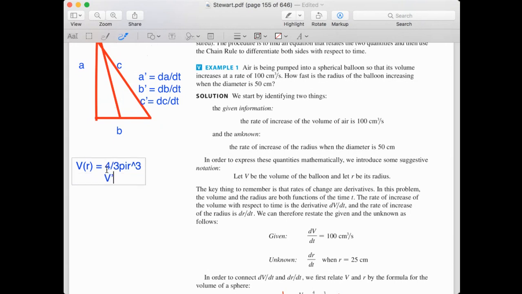So V prime of r equals 4 over 3 pi times 3 r squared, right? So that becomes just 4 pi r squared. Simplify the 1/3 with 3. This is 4 pi r squared.